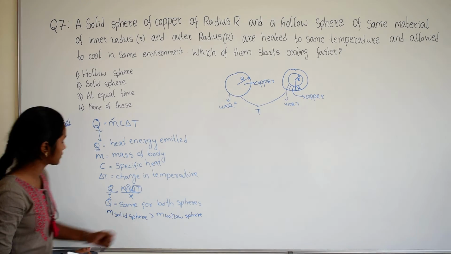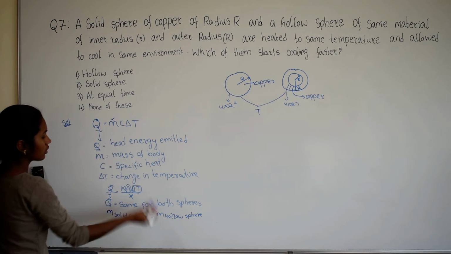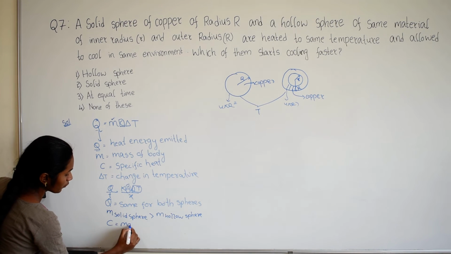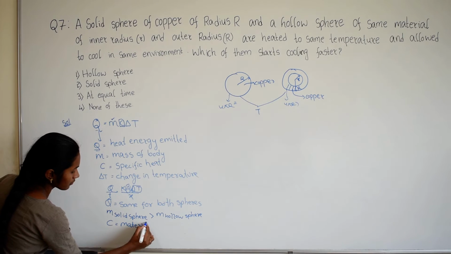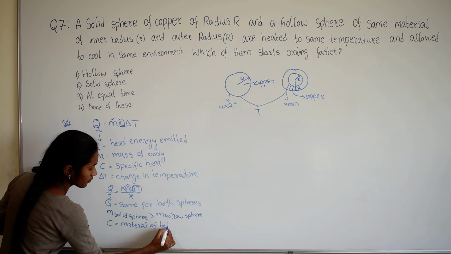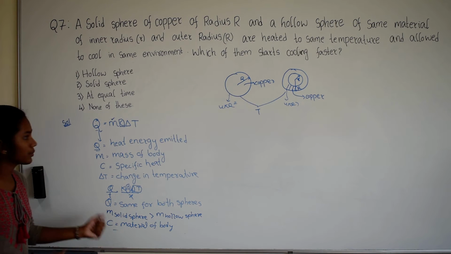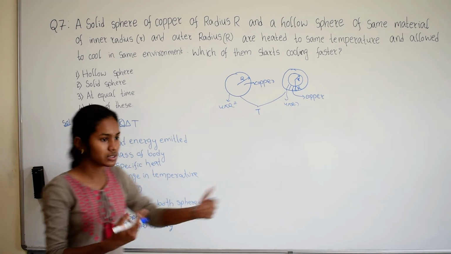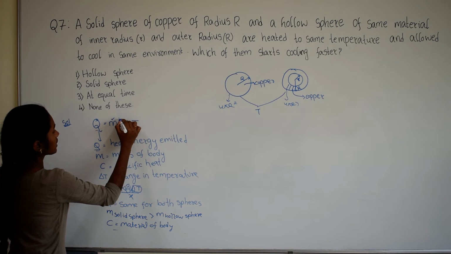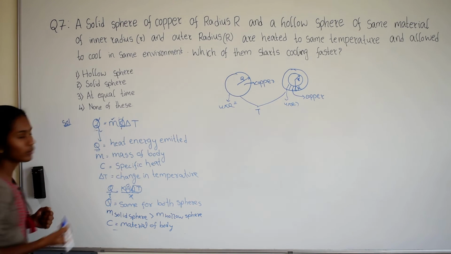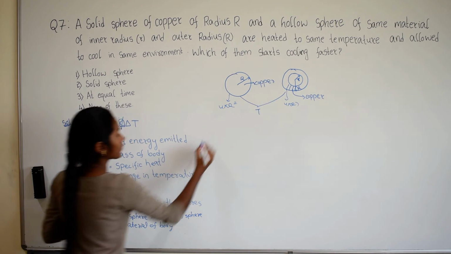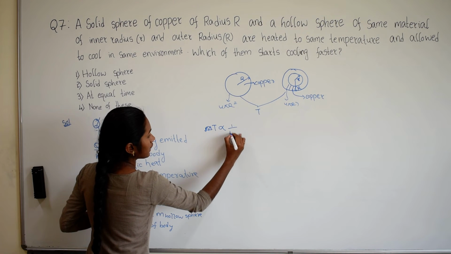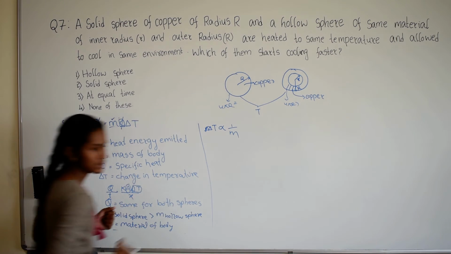And c mainly depends on the material of the body, and in both cases we have taken copper. So c will be constant and Q will be constant. So from this, ΔT will be inversely proportional to mass.